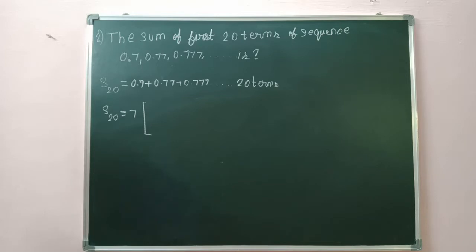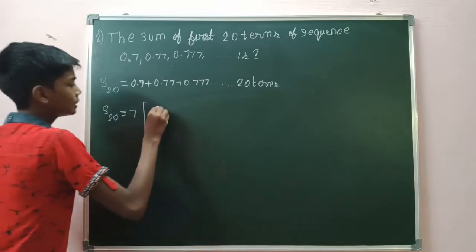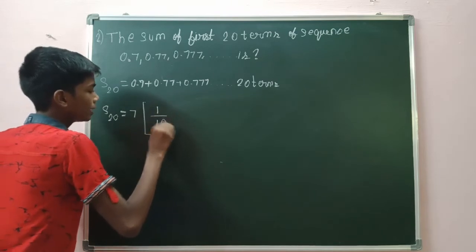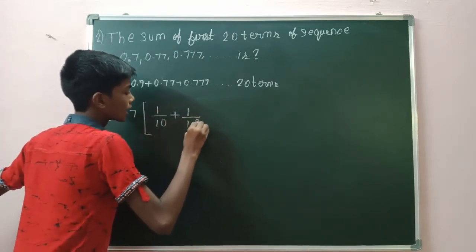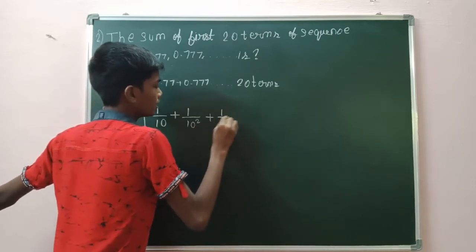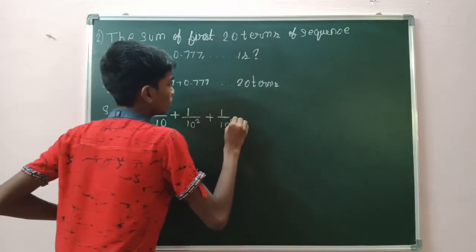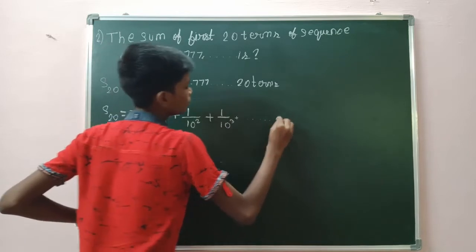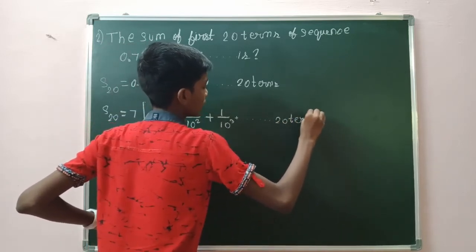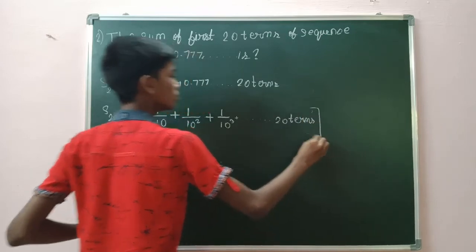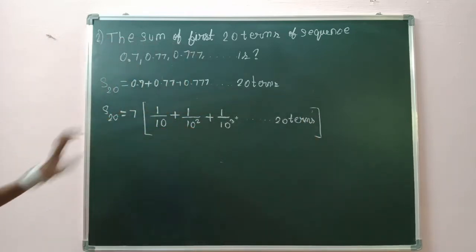That is how this sequence goes when you take 7 common.